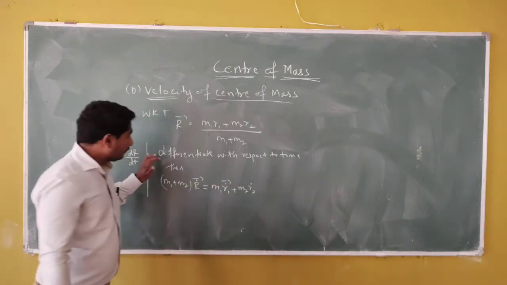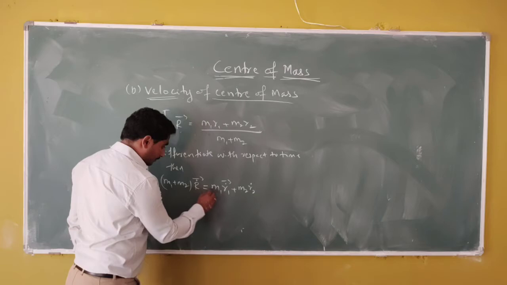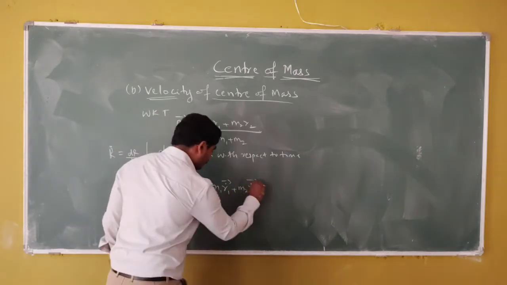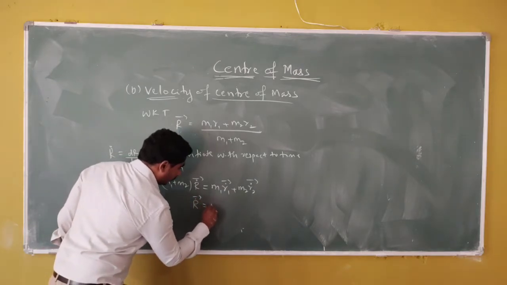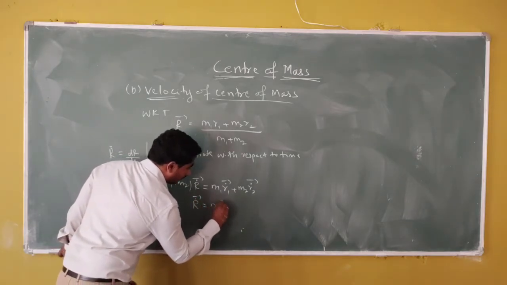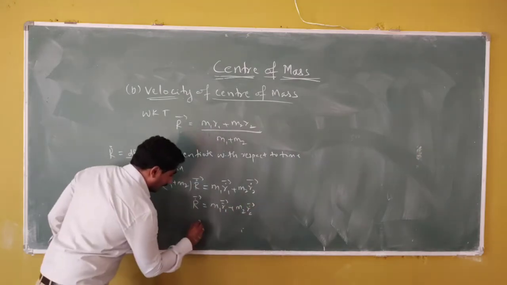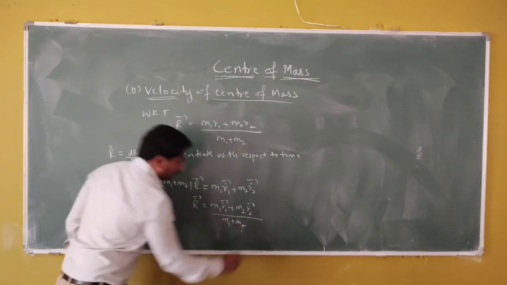So when we differentiate this term, we get R dot equals m1 r1 dot plus m2 r2 dot, divided by m1 plus m2.